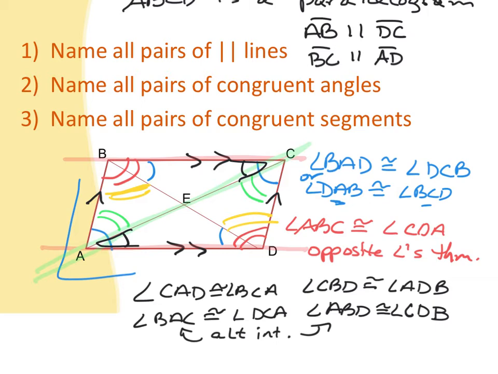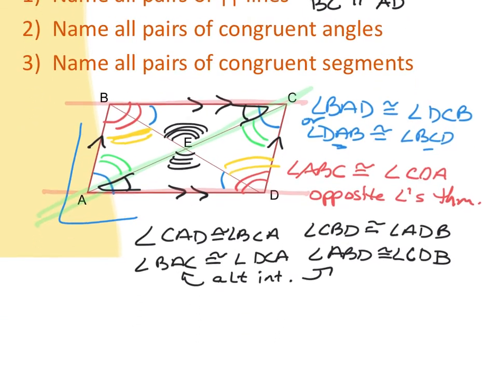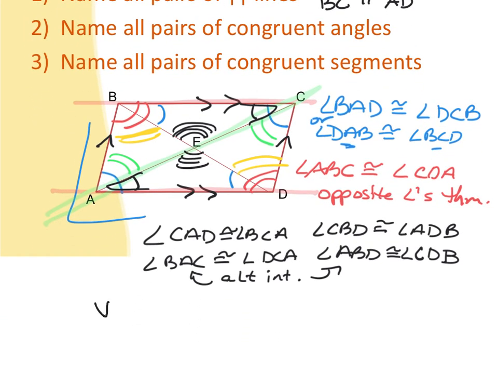Then surrounding angle E, I've got vertical angle pairs. So we're really reaching back to that first semester to find all of these congruent angle pairs. We've got this one, 2, 3, 4, 1, 2, 3, 4. Those are congruent to each other, and again, these are all vertical angles.